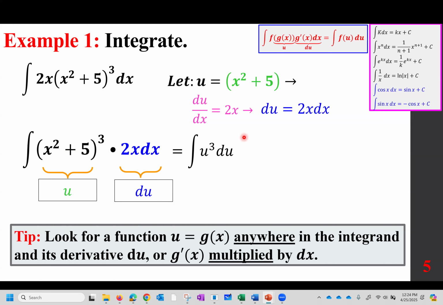And that follows the power rule, becomes 1/4 u to the power of 4 plus a constant. Now reverse substitution, replace the u with x squared plus 5, and you're done. All you have to do, differentiate this if you want to check, and you get this one. That means not dx, the rest of it. So you can check your work.